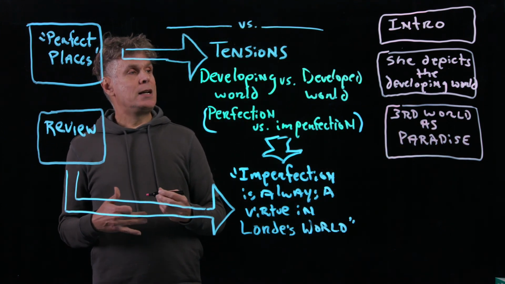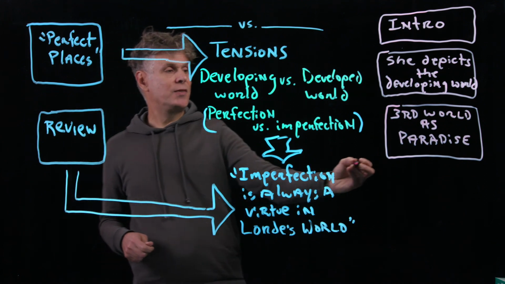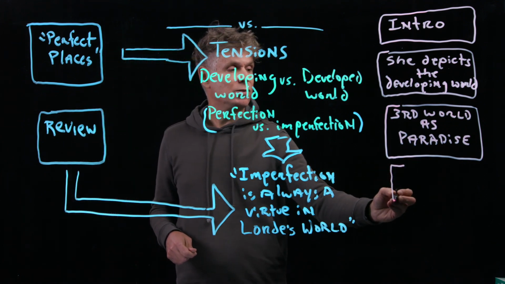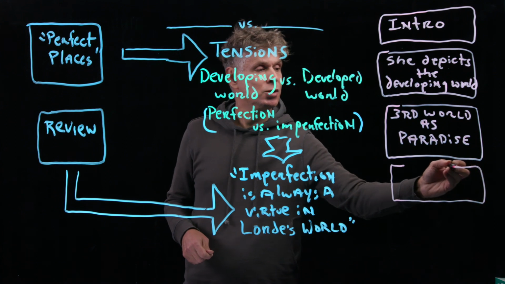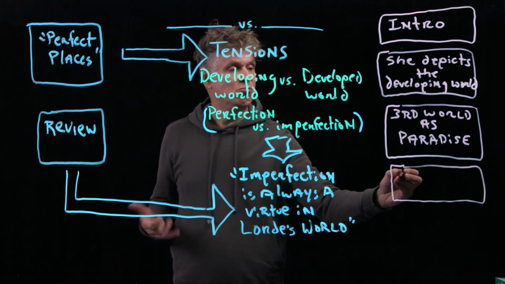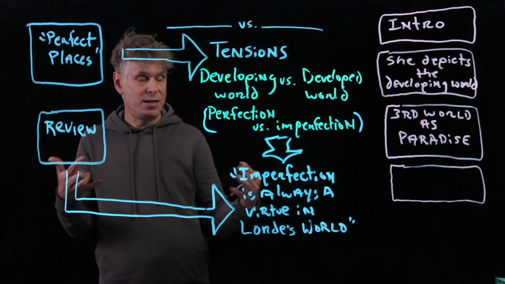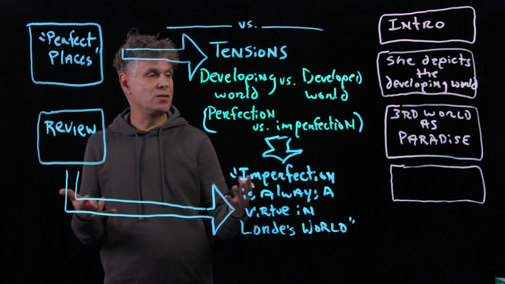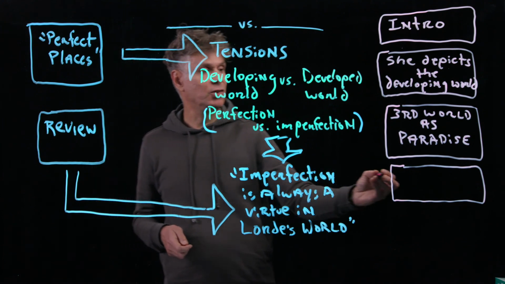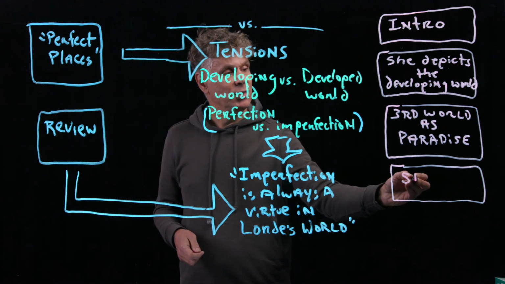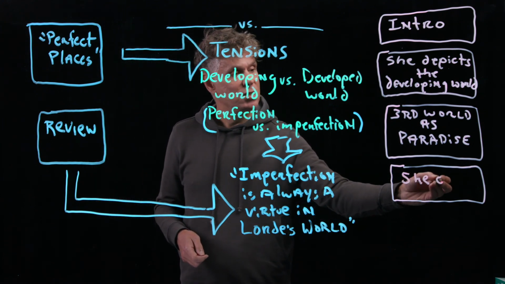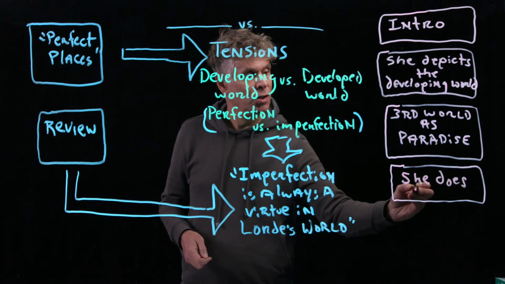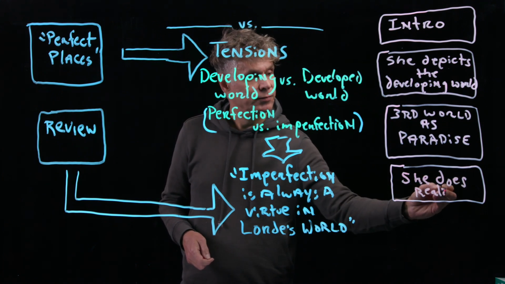And then I might talk in the following paragraph about, does she realize this? Does she realize that she's creating this weird pseudo non-existent place? And I'm going to argue, because this is supposed to be an argument, she does realize what she's doing.